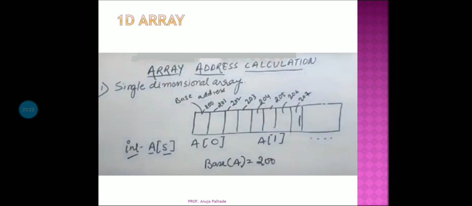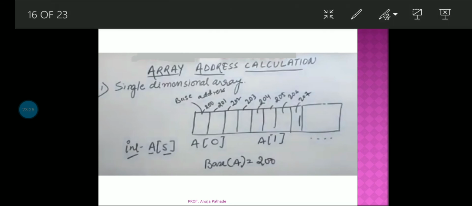Move ahead. This is another array, with 0 base indexing. The index of this first one is A of 0. Then you move ahead.